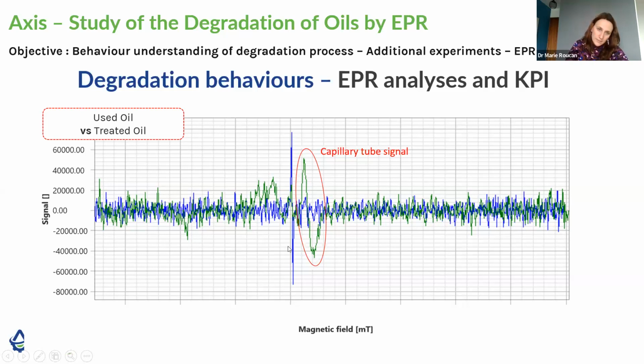In blue, this very high signal is our organic radicals. So you can see that in the blue, in the used oil, you have a lot of them. And then once you treat your oil, you don't have a lot of them anymore. And here you have another signal which appears, which is only the capillary tube we are putting the oil inside.